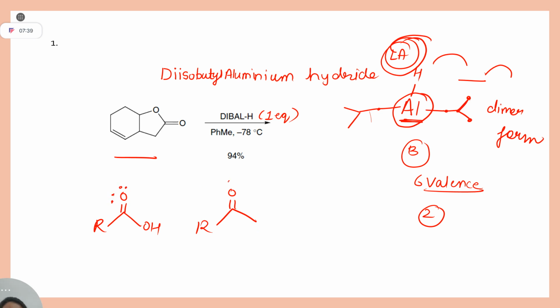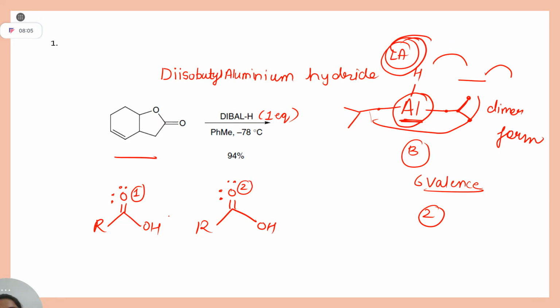Now I will ask you a very basic question. Students, I will be very happy if you take part actively. No issue if you are wrong. Please try to answer by unmuting yourself. I want to ask, if this is the Lewis acid, aluminium wants to go to which oxygen? Oxygen 1 or oxygen 2?